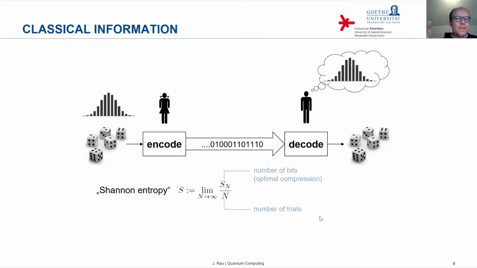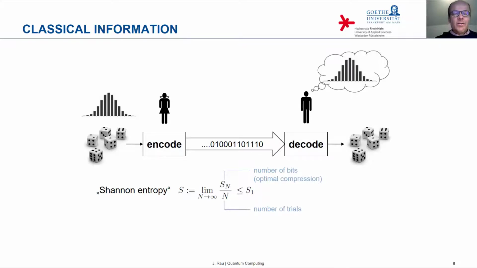It's a limiting case, and that's the best you can do. And for the reason that I just described, the Shannon entropy can be smaller than the number of bits that you need to encode the outcome of a single trial, the S1.